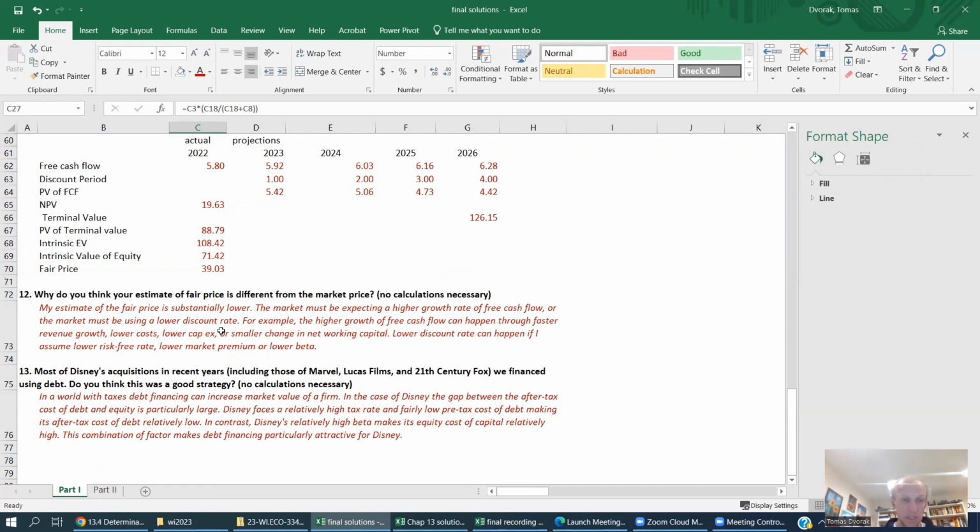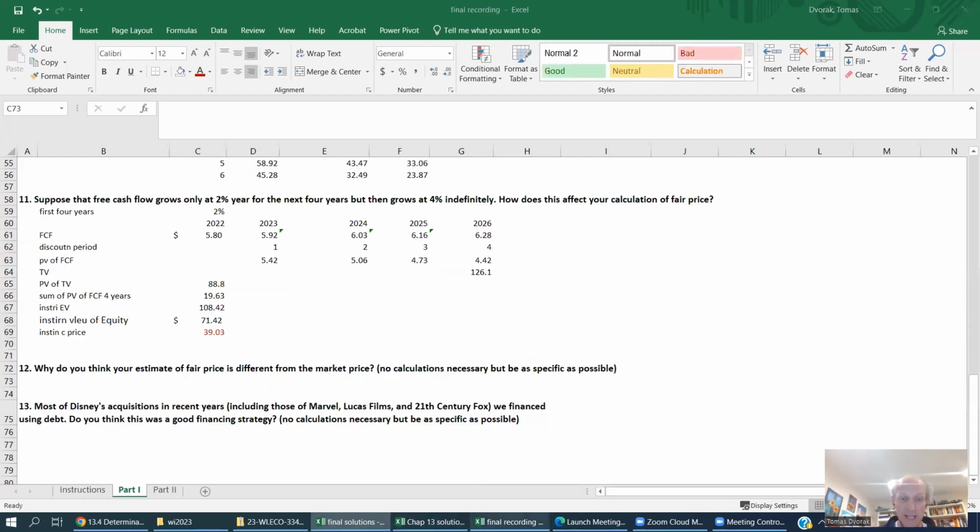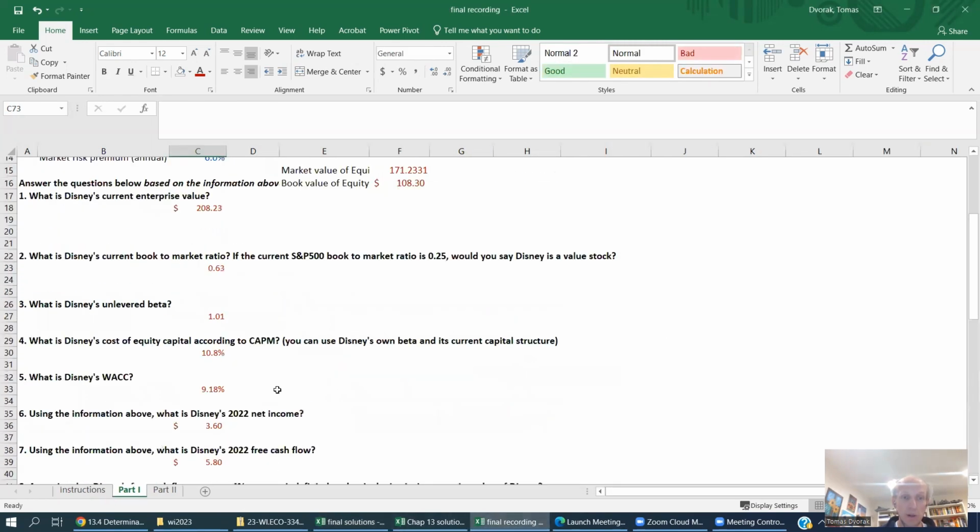In terms of financing acquisitions using debt, we saw that debt in the presence of taxes has some advantages. Actually, increasing leverage can increase the market value of the company. In the case of Disney, looking at their cost of debt, it's actually pretty low.